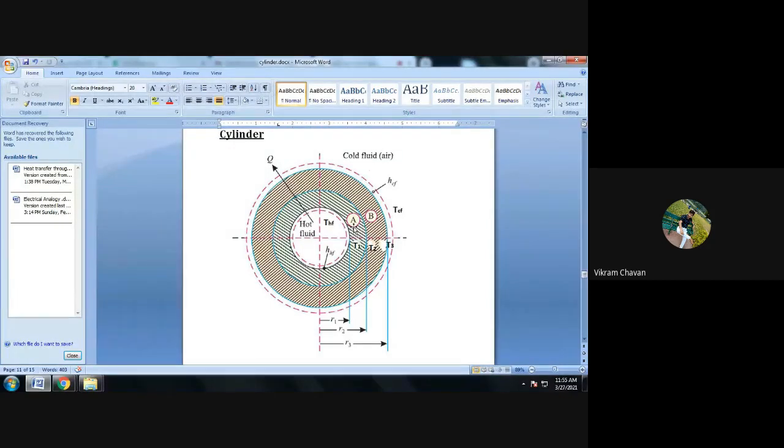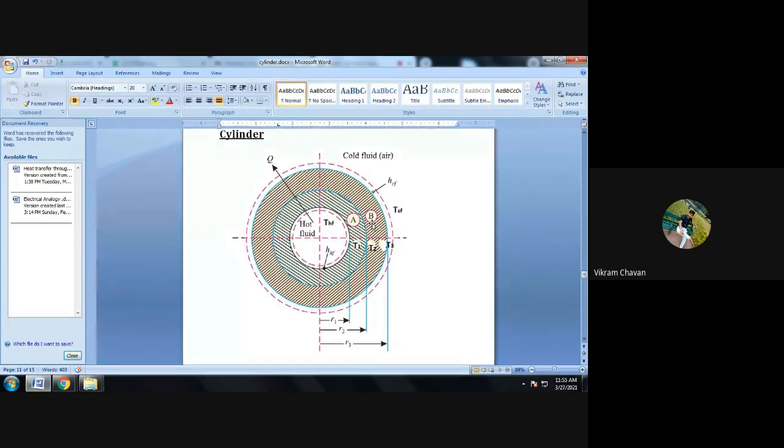The thermal conductivity of the A cylinder is K suffix A, and the thermal conductivity of the B cylinder is K suffix B. These are concentric cylinders, concentric in such a manner that the external radius of the A cylinder is the internal radius of the B cylinder.